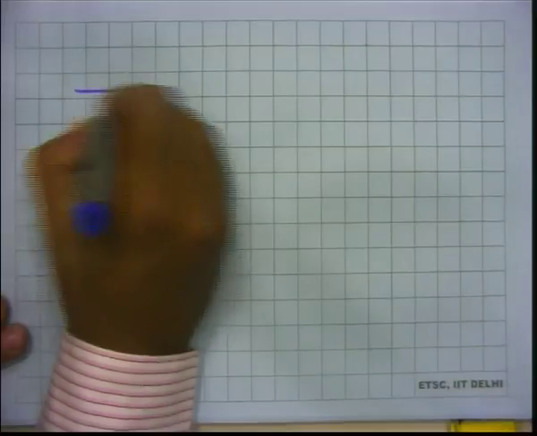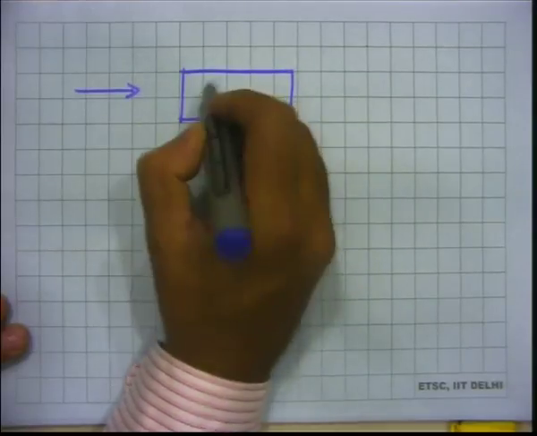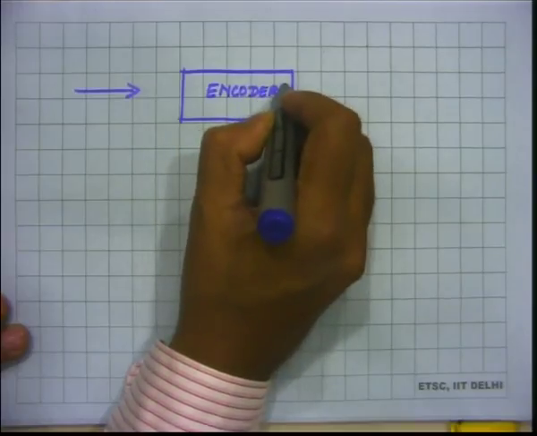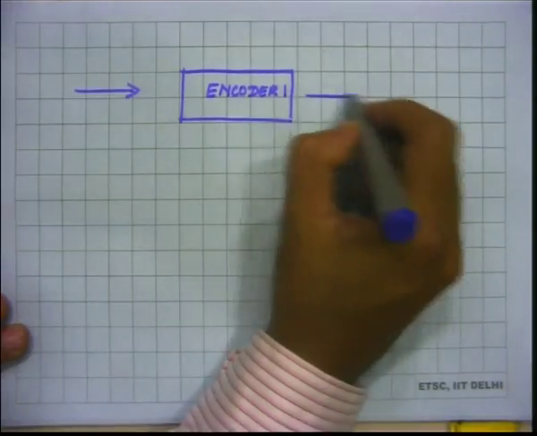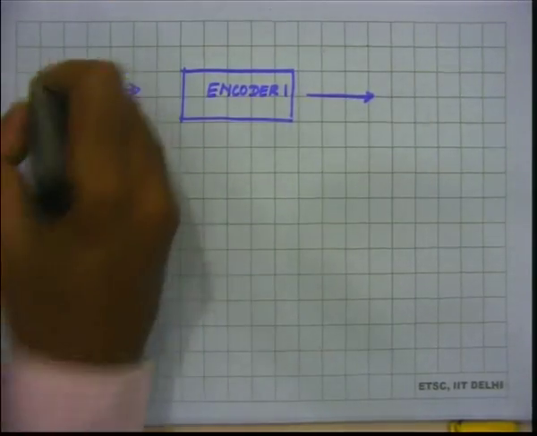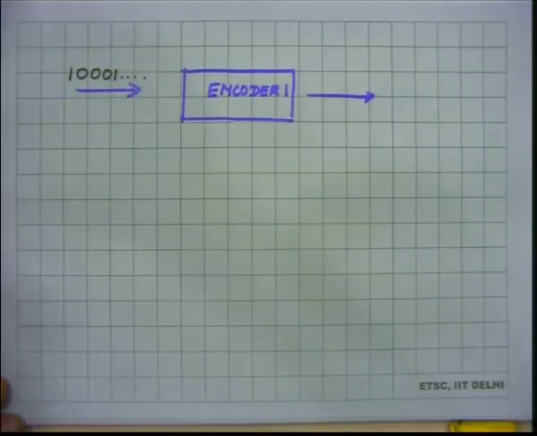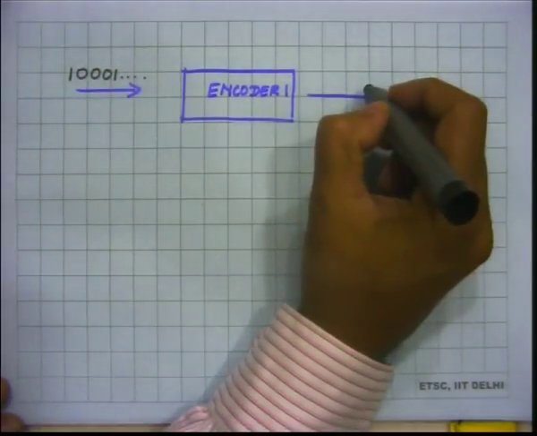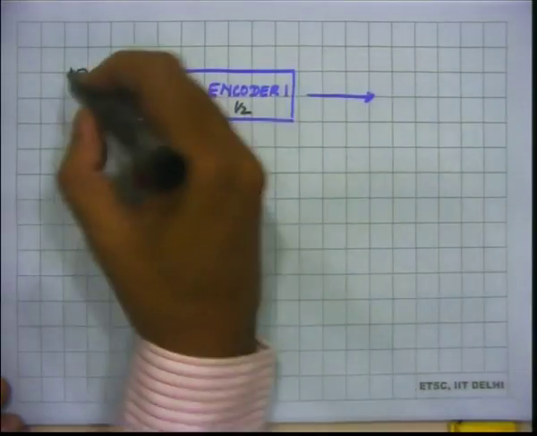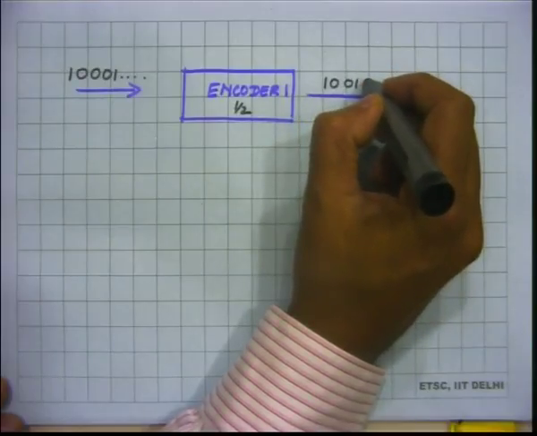As you know, you have a convolutional encoder, we call it encoder 1, and it should give a sequence. Suppose an input sequence was coming in, and this encoder could be rate 1 by 2. So, for every bit it gives you 2 bits out.